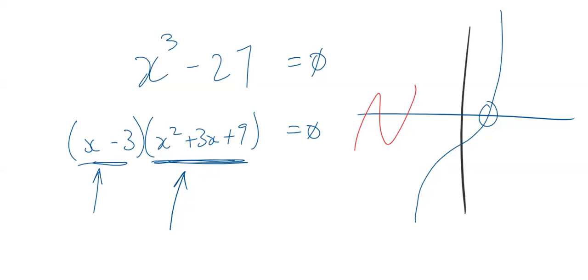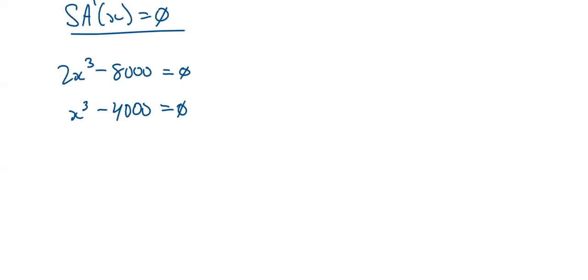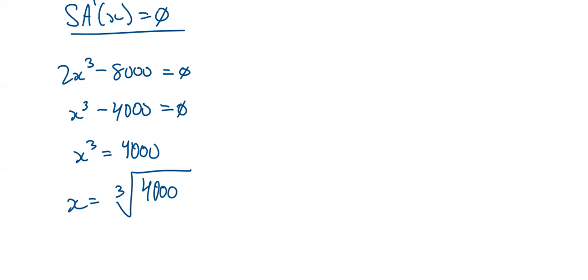That's exactly right. But I would wonder if some people would be like, well, but so that's what we're going to do here. That was the whole point of talking about this, is it's easier to just do this, isn't it? Don't factor it, even if it's not really factorable because 4,000 is not a perfect cube. But even if it was, don't get caught up and try to factor when you can just solve it like this. So then x equals the cube root of 4,000.